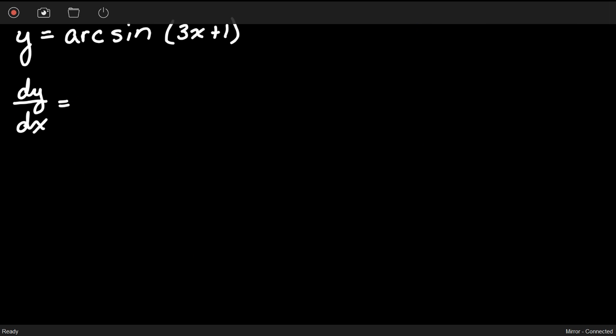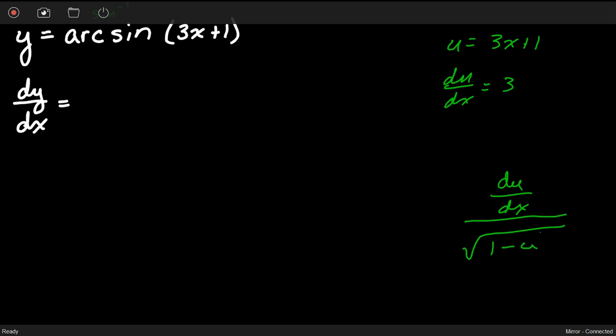And then this one I just wrote differently so that you get a little bit of exposure. Remember that arc sine means the same thing as sine inverse. And so what we're going to have here then is our u value is 3x plus 1, which means du is equal to 3. And our derivative for sine inverse is du dx over the square root of 1 minus u squared.